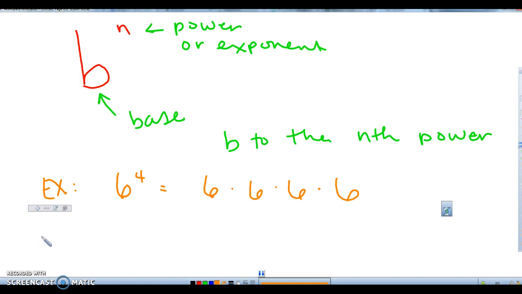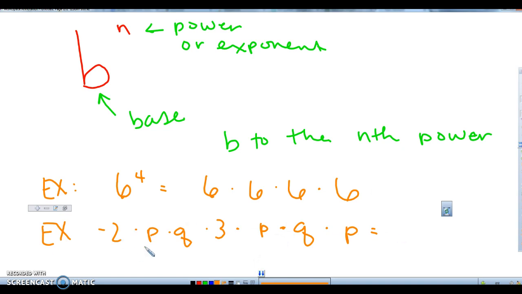So let's see if we can work backwards on this one: write -2 times p times q times 3 times p times q times p, and I want to write that in exponential form.